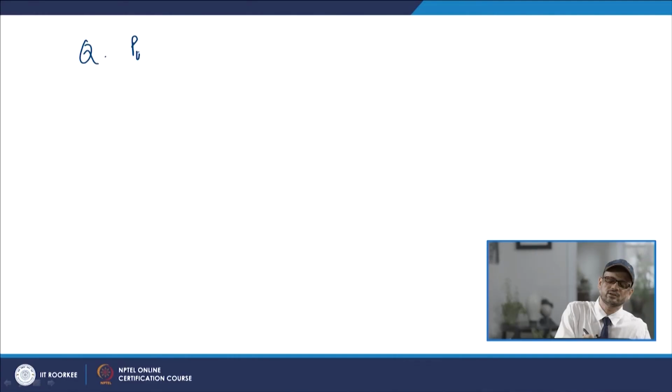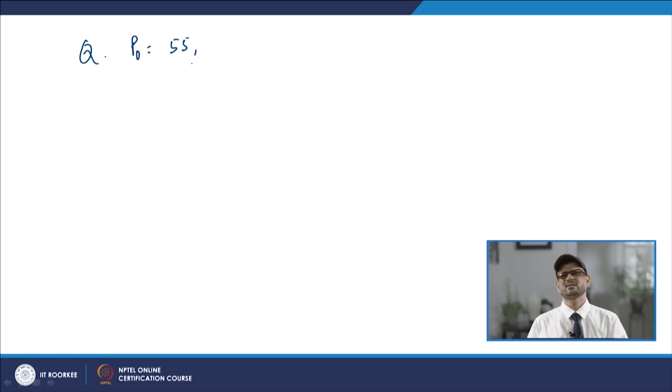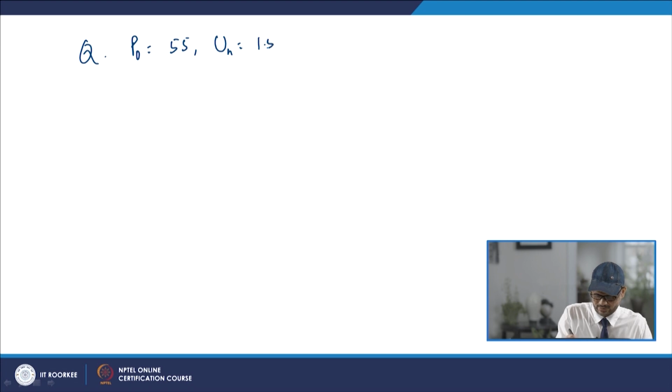2.30. So, let us see that the question tells that your P naught is given as 55 rupees, and it is assumed that it will be underpriced by 1.55. So, your underpricing will be 1.55, and the FC, that is flotation cost, is taken at 0.75 per share.